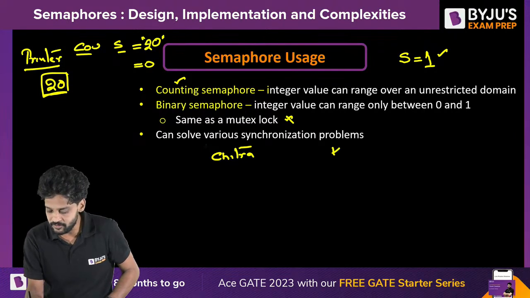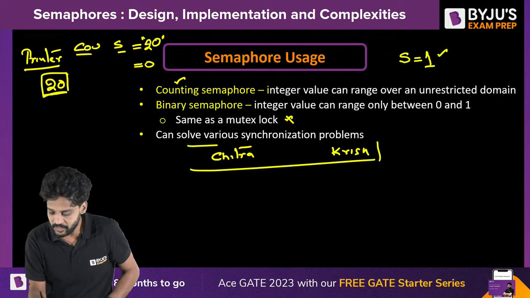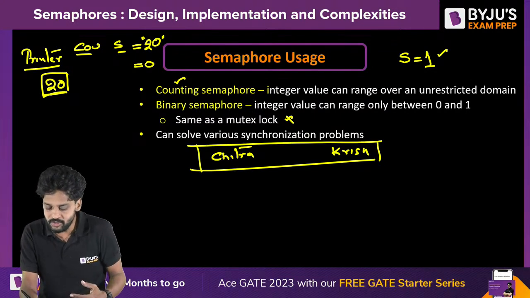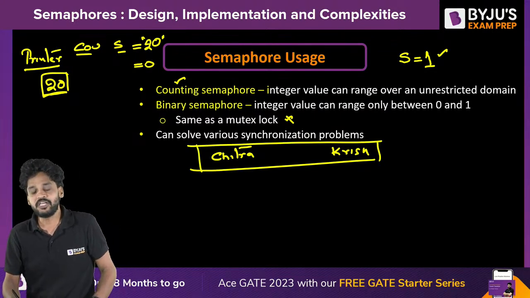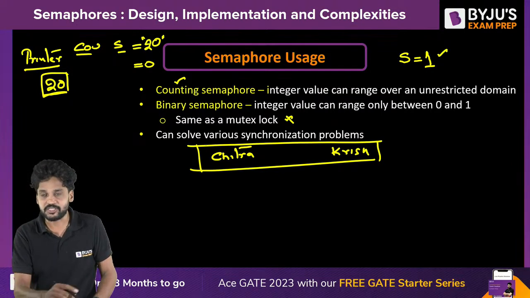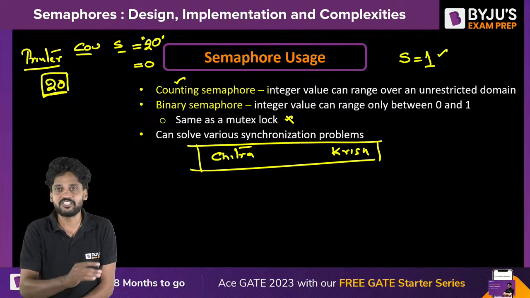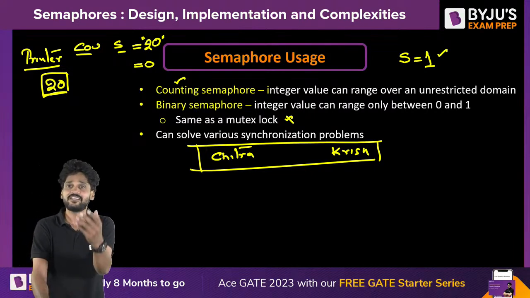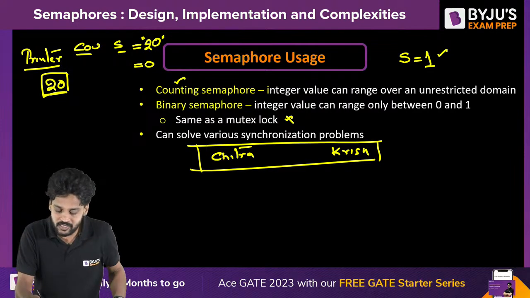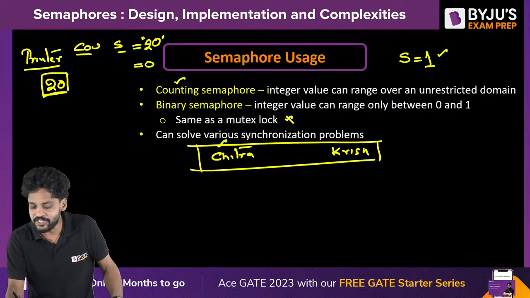These two processes are in the main memory and nobody knows which is going to get selected by the scheduler. The scheduler may select either Krishna or Chitra. But there is a restriction imposed that initially Chitra must execute, followed by Krishna.